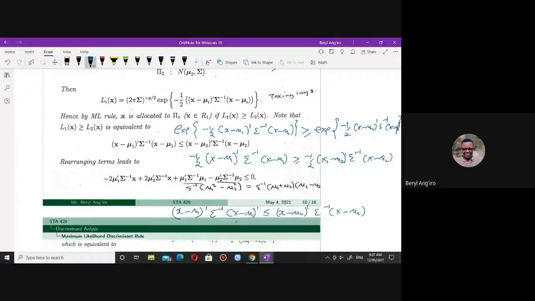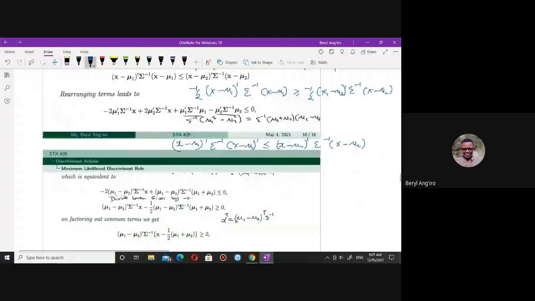If you open these brackets, then we have x transpose sigma inverse x, minus x transpose sigma inverse mu1, minus mu1 transpose sigma inverse x, and mu1 and mu1, that is a plus, so we have plus mu1 transpose sigma inverse mu1.